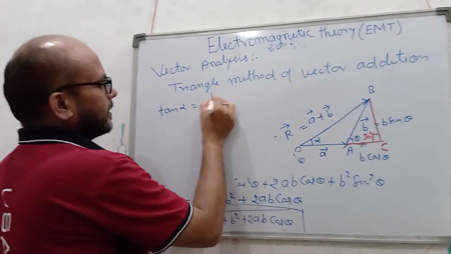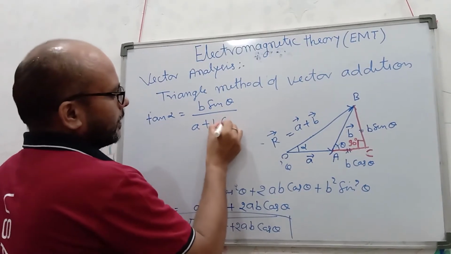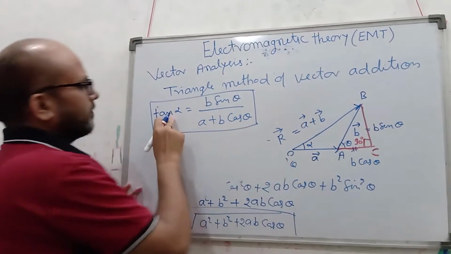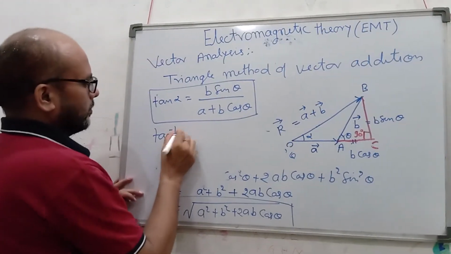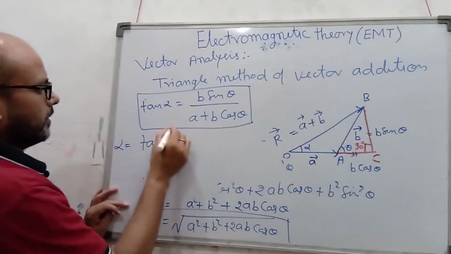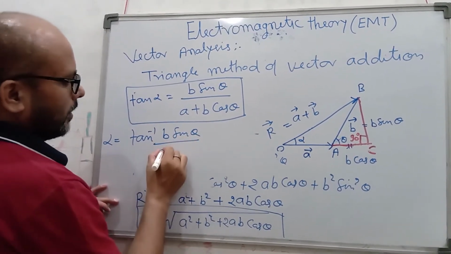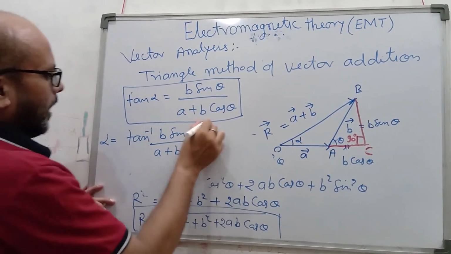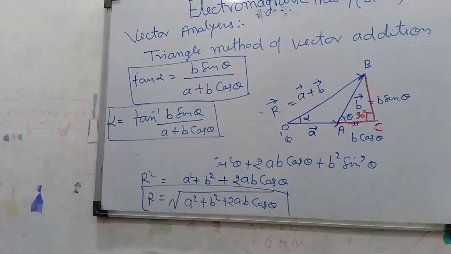So B sin theta upon A plus B cos theta, that is alpha equal to tan inverse of B sin theta upon A plus B cos theta. And another very simple method is the parallelogram method.